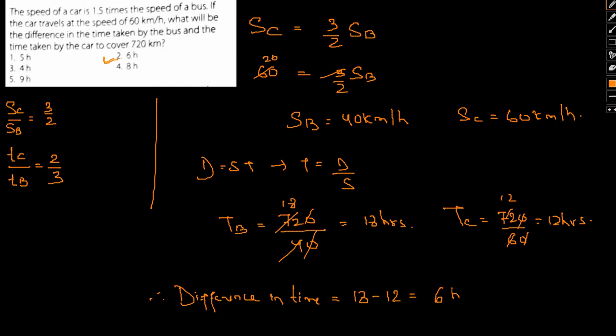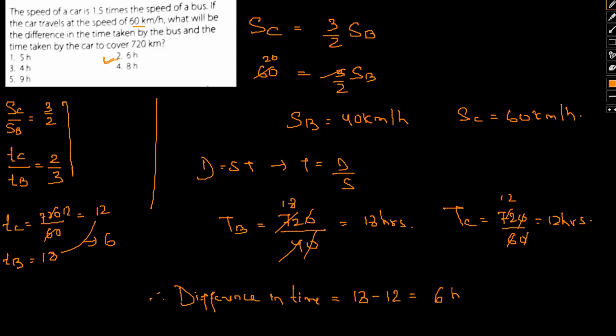Now we have been given the speed of car, so the time taken by car would simply be 720 by 60, that is 12. So we have 12, therefore time of bus again will be 18. Again we could have gotten the difference to be 6. So this is another, easier way to solve the same. We did not need to find everything, and this way we could have also gotten the same.